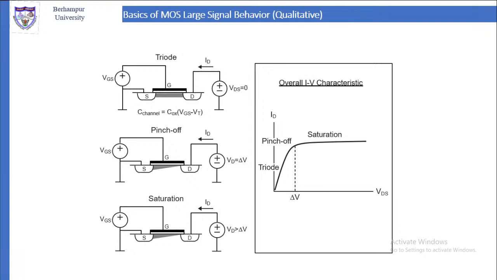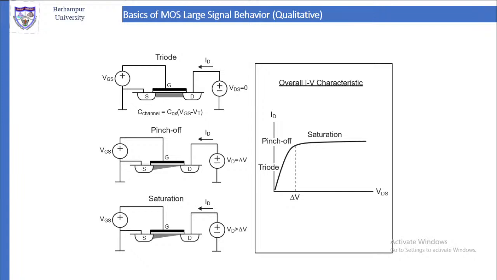The amplifiers that you have read in college are mostly small signal amplifiers. Then there is large signal behavior, which you are expected to have read in the first semester in your devices course.